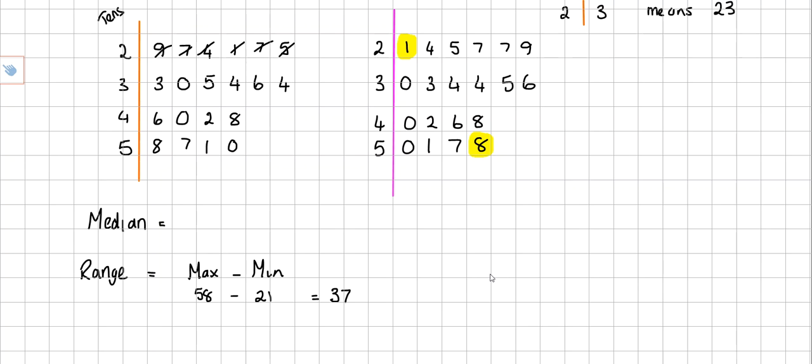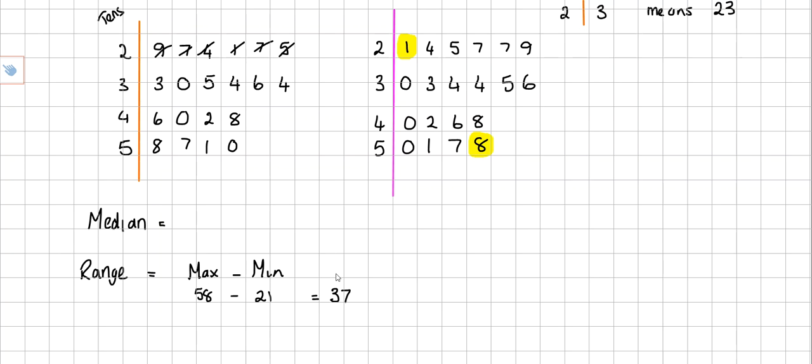So if this was a class in maths, would you say there was a nice even spread? Yeah? There's quite more towards the lower end, right? 21 marks, 24 marks, 29, 30. There's actually less at the top end, isn't there? The 40s and the 50s. Does that make sense?